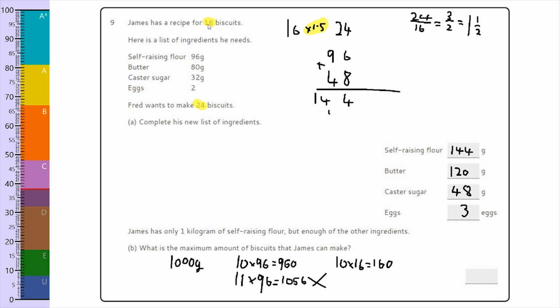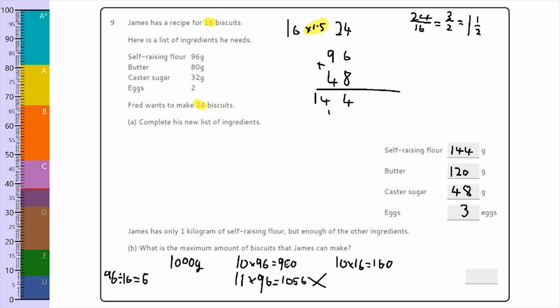So what I need to do, and what I should have done first, is work out how many 16s there are in 96. So work out how much flour is needed just for one biscuit. 5 times 16 is 80, and plus another 16 is 96. So I know that 96 divided by 16 is going to be 6.